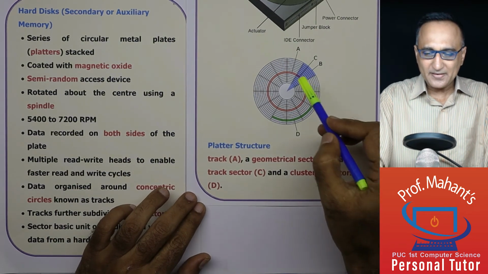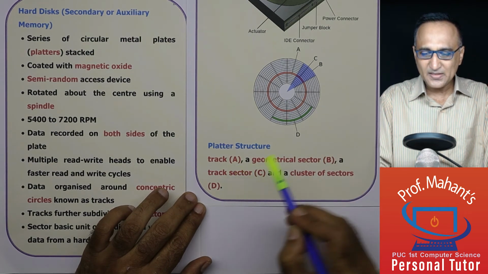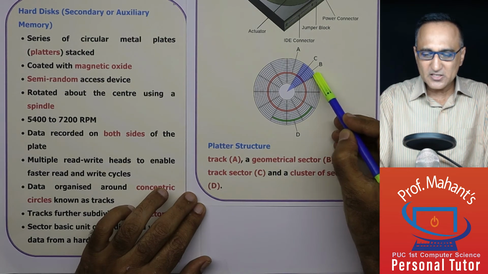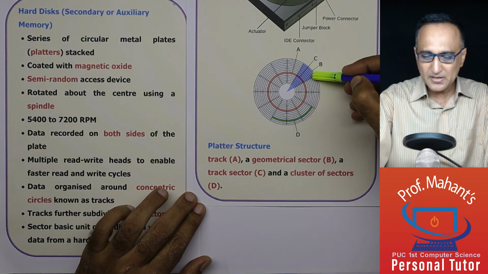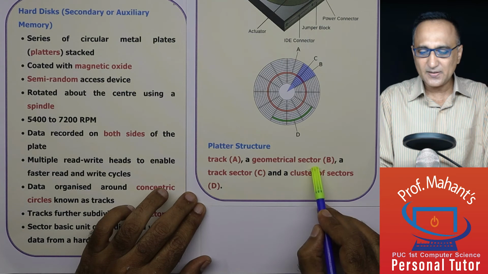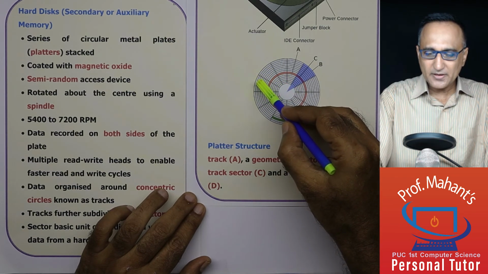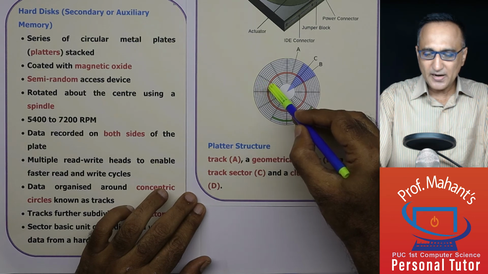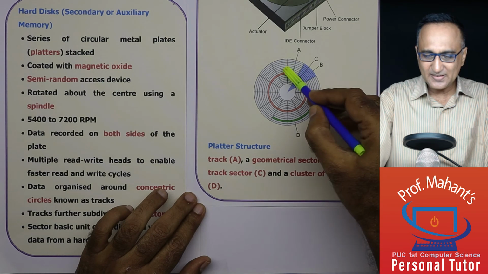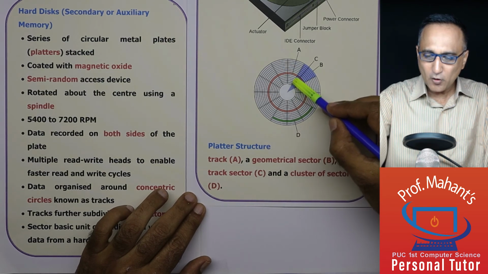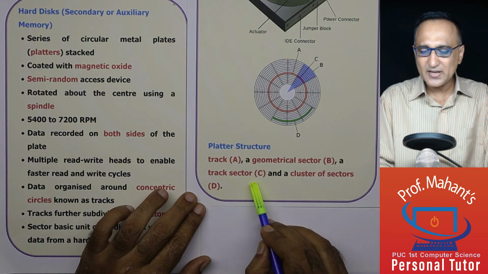If you look at it here, this complete thing in red represents one track. This B here, just this small portion B, not the complete blue, just this outer one, represents a sector. Now, this is track 0, track 1, track 2, 3, 4, 5, 6, 7, 8, 9. So these are all tracks. Now, if you look at all the sectors along the tracks, that is known as the track sector.